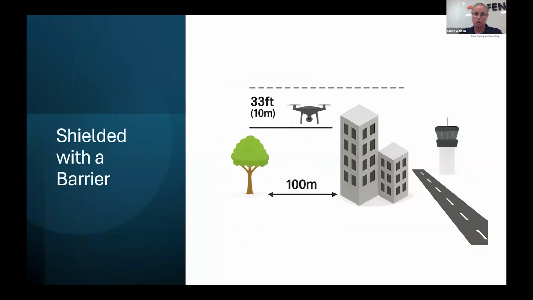In this picture, my shield would be my tree, so I can fly up to 33 feet above the top of the tree. The picture's not quite right, the drone shouldn't be higher than the building. So the barrier is the buildings, and the barrier must be capable of arresting or stopping the drone from going to the runway.